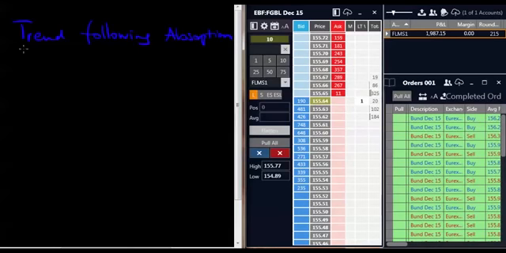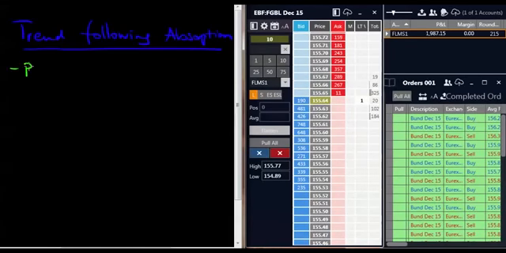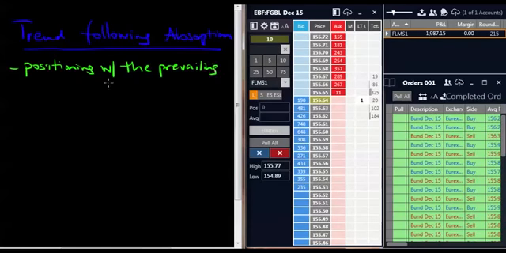Specific to trend following absorption, what we're going to be looking for very simply is positioning with the prevailing trend. Obviously, you have to identify the trend first, and once you've identified that trend, you can look for potential areas to buy or sell with the prevailing trend.